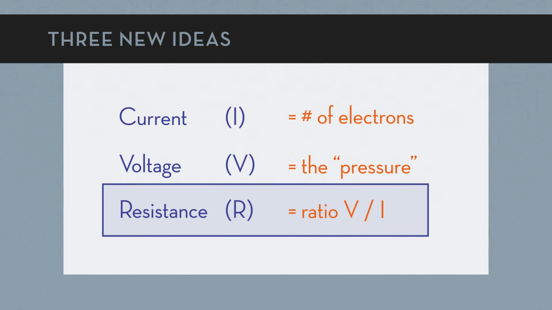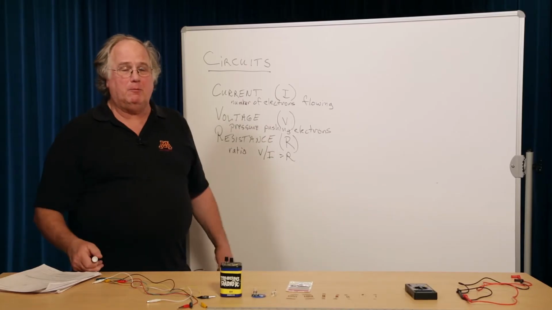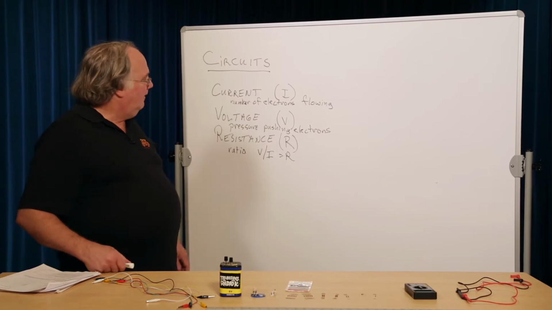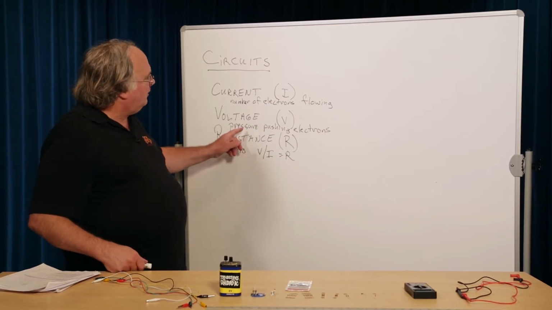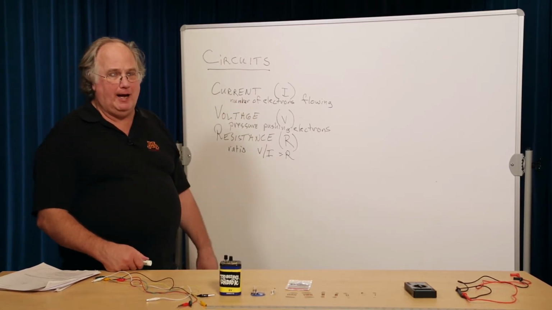Resistance is the ratio of the voltage to the current. That is the resistance. Now, if you have a wire with some resistance in it, the more voltage you put on, the more current you get.